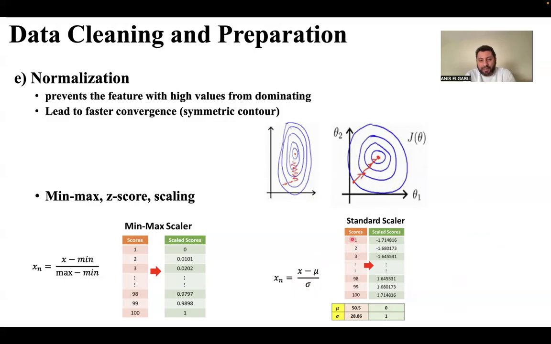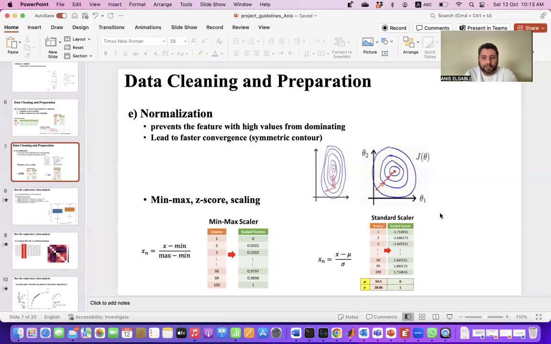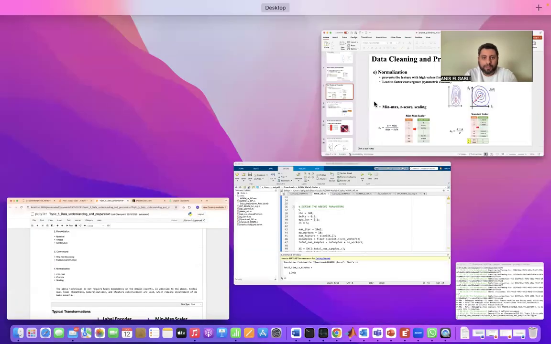So this is the data before the normalization. This was the mean, and this was the standard deviation. After the transformation, the mean became 0 and the standard deviation became 1. Okay, so with that, let me go back to the slides.